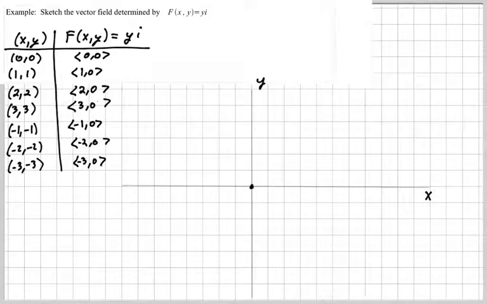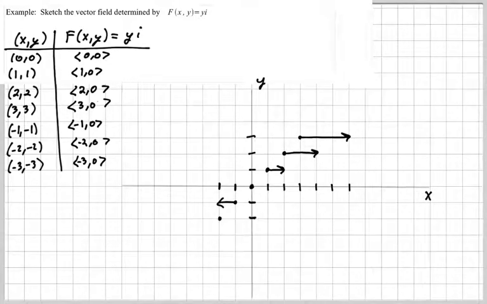So the zero vector. The vector at (1, 1) is going to be <1, 0>. The vector at (2, 2) is going to be <2, 0>. The vector at (3, 3) is going to be <3, 0>. The vector at (-1, -1) is going to be <-1, 0>.